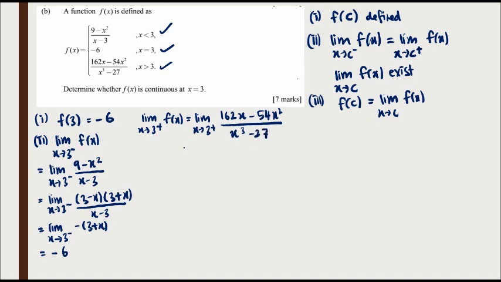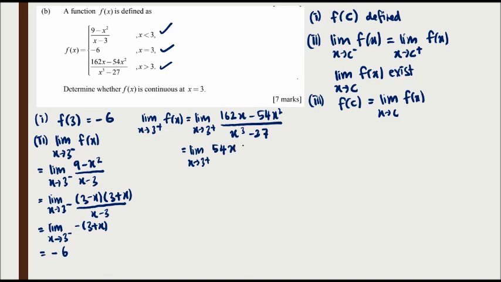To simplify this, we can see that we can factor out 54 from the numerator. Actually, we can factor out 54x.